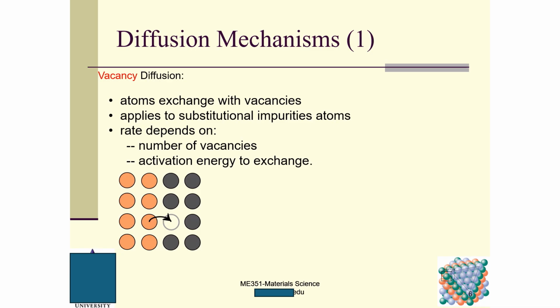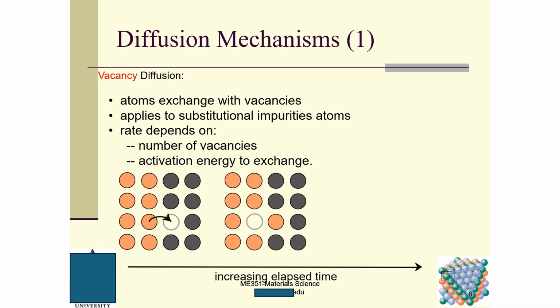The vacancy diffusion rate depends on the number of vacancies, that is, the concentration of vacancies, and the activation energy to exchange. Here it mainly relates to the operating temperature. After some time, you can see the colorful atom moves from its original location to this vacancy, and then the vacancy moves here.